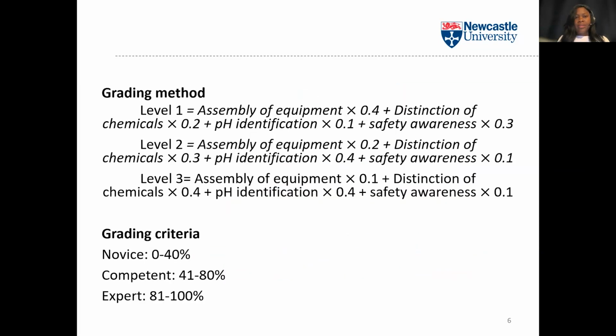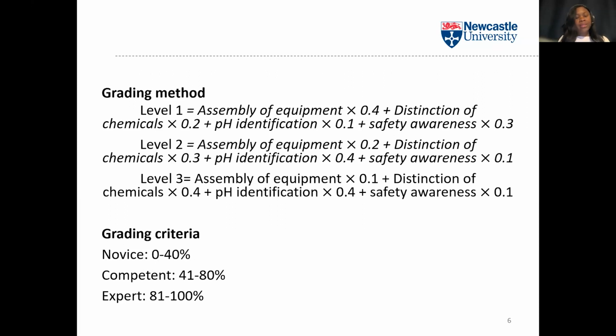And here is an example of something we put together for the grading method. So for level 1, we had weighting for each of the learning outcomes, because multiple learning outcomes are measured in each level, we had to weigh each of them in order to determine the scores of students, or the percentage they scored.